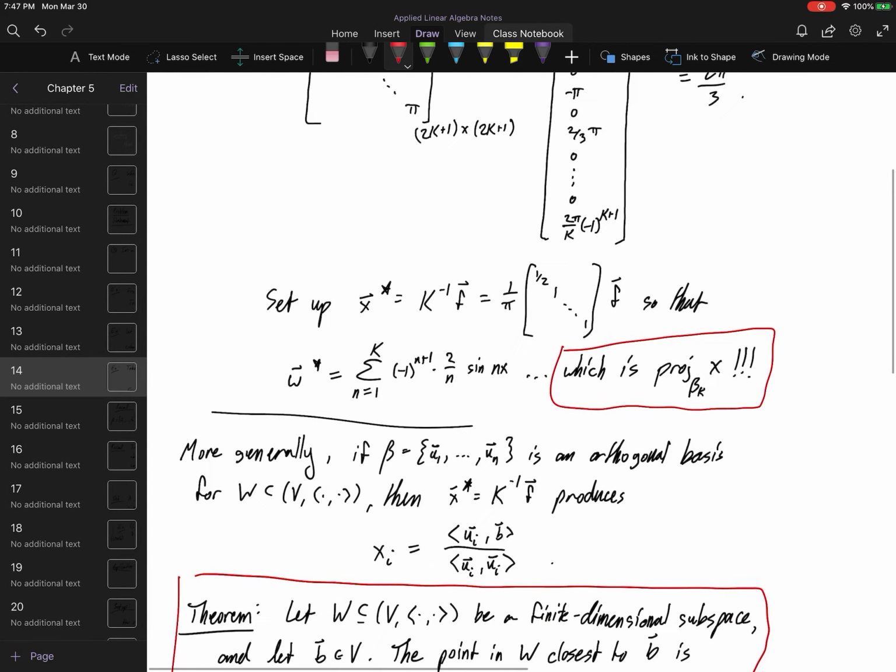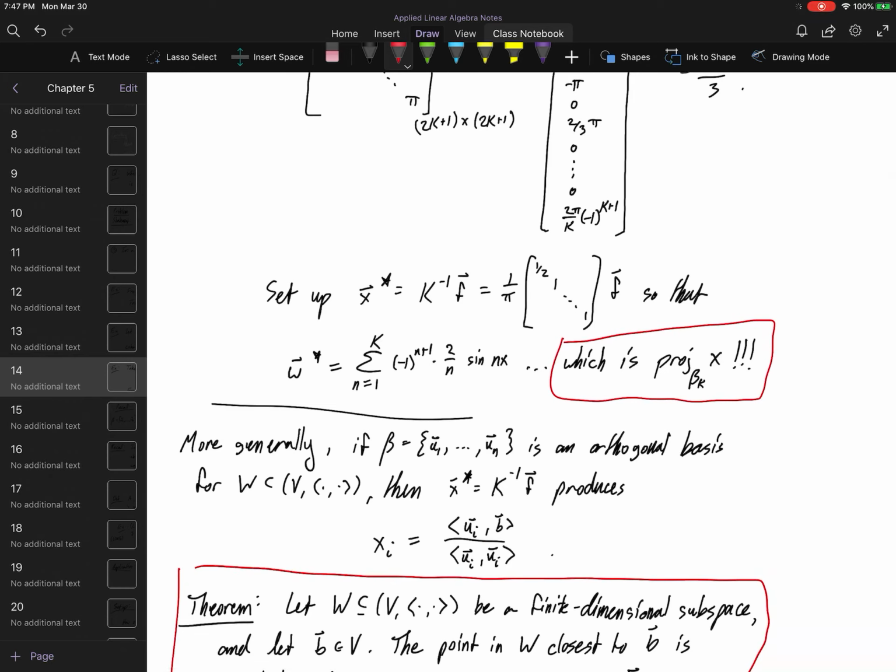It's not terrible. It's not great, but it's not terrible. You will see that these weights will exactly give the vector in W that is closest to X. Right?